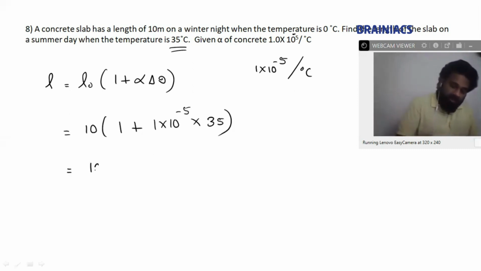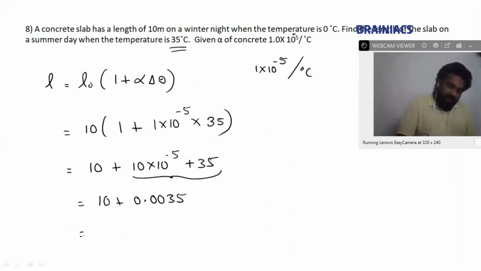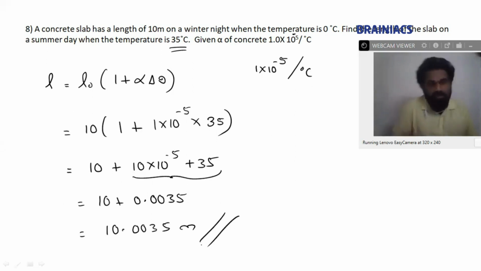So this is 10 plus 10 into 10 raised to minus 5 into 35. This is going to be 10 raised to minus 4, so 0.0035 will be this term. When you add, we will get 10.0035 meters. So this much change will happen.